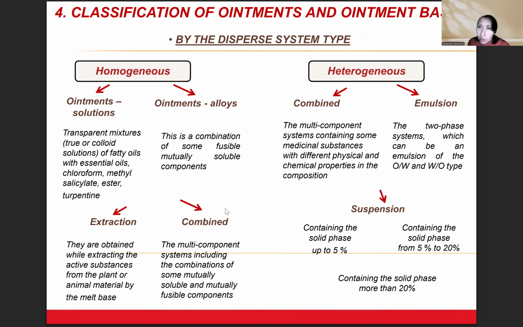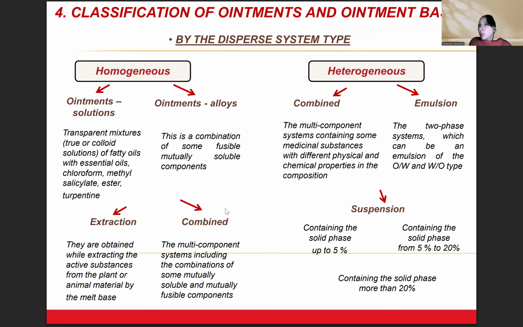Extraction, very rare these days, but still you can mix them. This is when you melt the ointment base, mix it with some plant raw material to get the process of extraction. After that, you melt it once again, filter all this plant raw material, and basically you got the process of extraction, but not with the use of a normal solvent, but with the use of the ointment base. It's very rare.